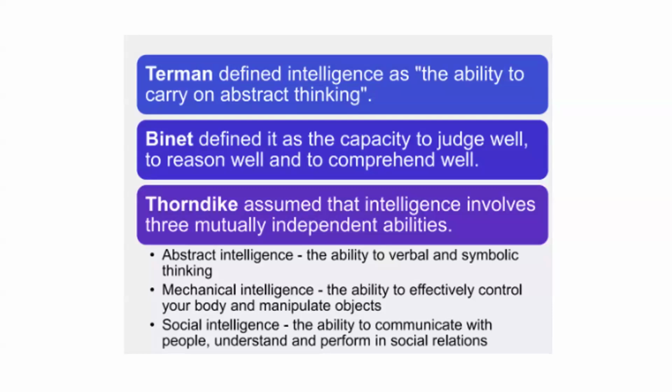There are social intelligence and emotional intelligence that we talk about nowadays. IQ, EQ, SQ we talk about. According to Thorndike, intelligence means developing all these skills.